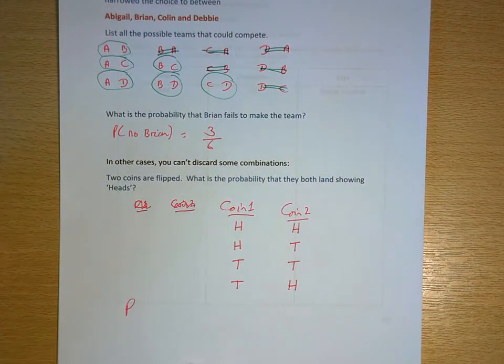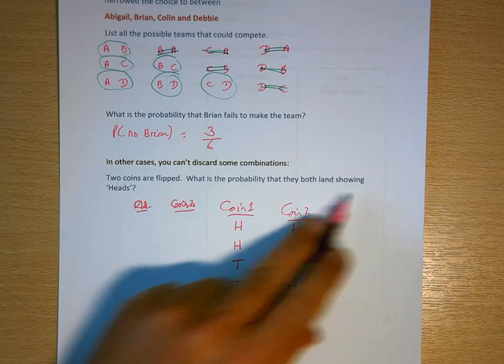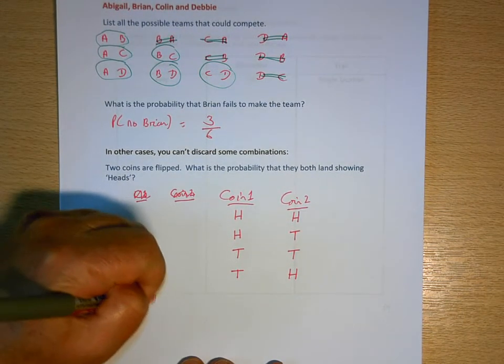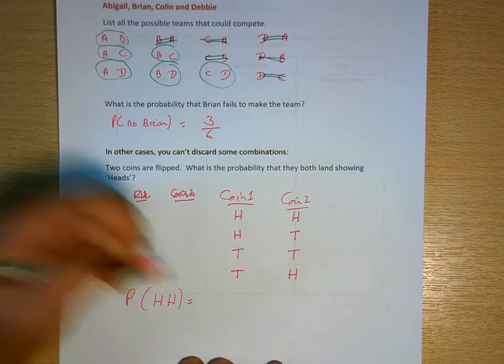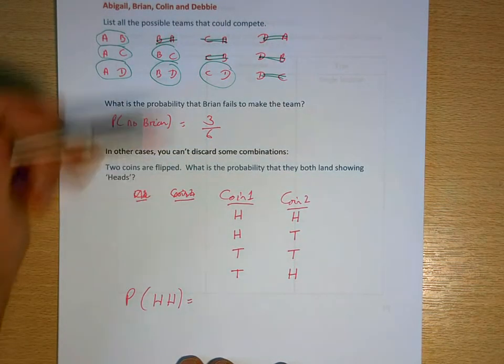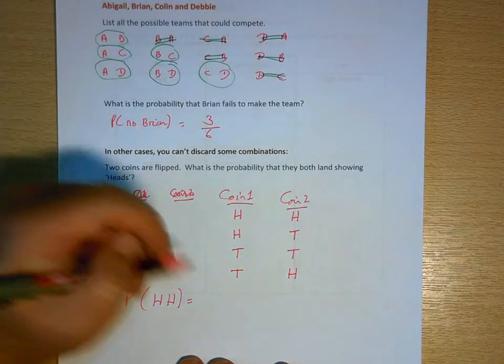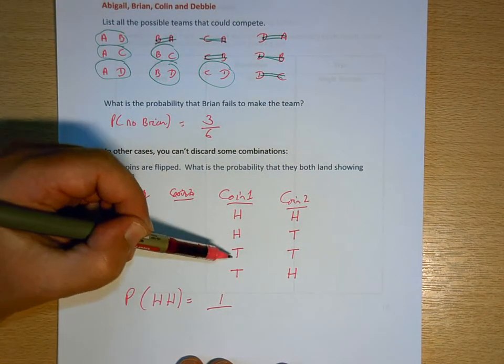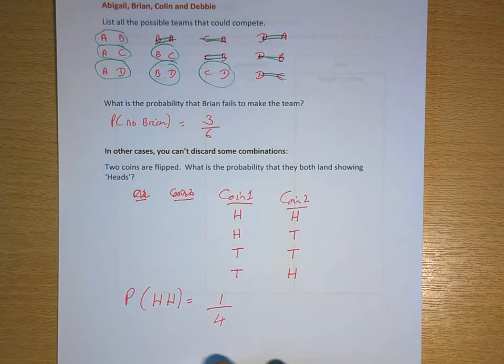Probability both land showing heads. So head, head. Well, there's only one way, but it's one way out of 1, 2, 3, 4 possible outcomes.